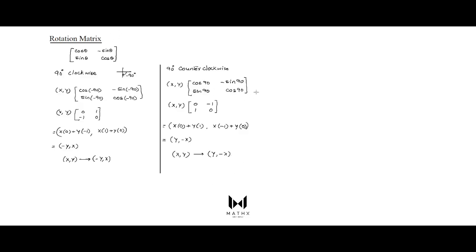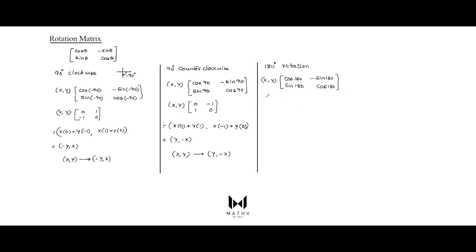Now let's take up 180 degrees. So for 180 degrees rotation, we have x comma y, cosine 180, negative sine 180, sine 180, and cosine 180.